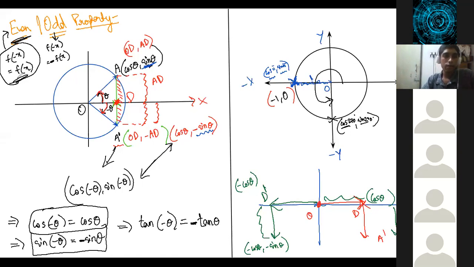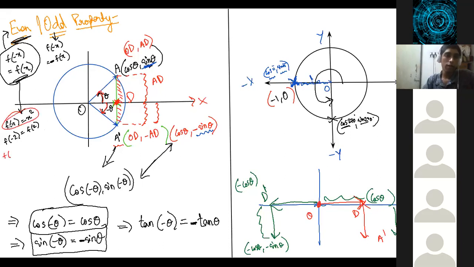I'll give a simple example. If f of x is x square, let us say f of x equal to x square. So what is f of minus 2? 4. Can I say it is equal to f of 2? 4. Yes, sir. So that means this is an even function.